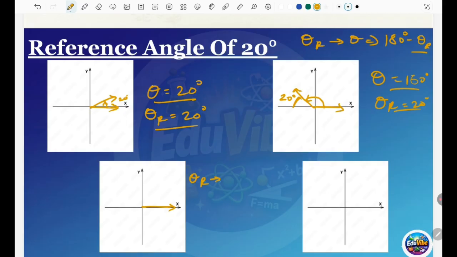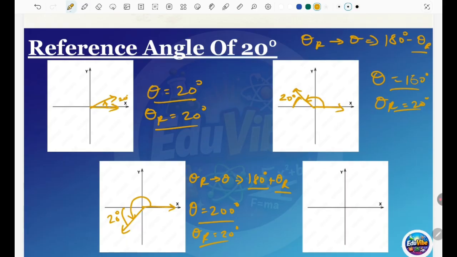For reference angle to theta in this one, you do 180 degrees plus the reference angle. Now you do plus. So 180 degrees plus 20 degrees, you get a theta of 200 degrees. You do addition for this. So this is your 200 degrees rotation, and this is your angle of 20 degrees, which is the reference angle.